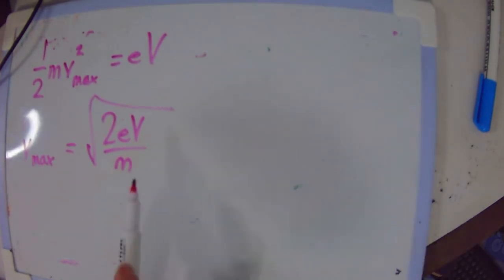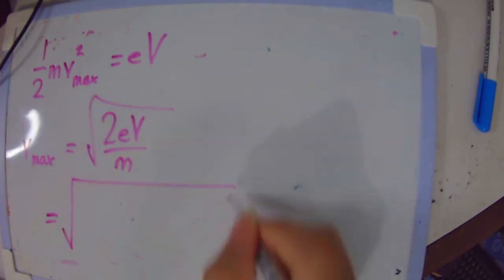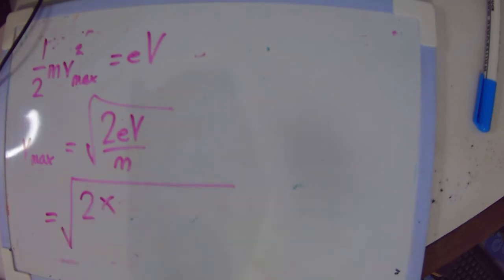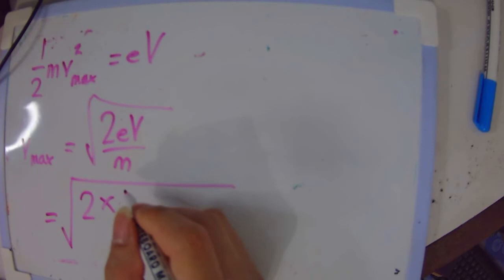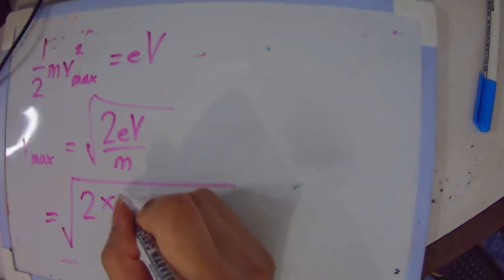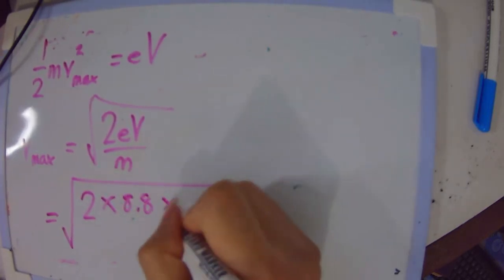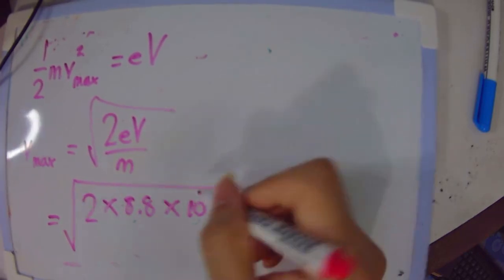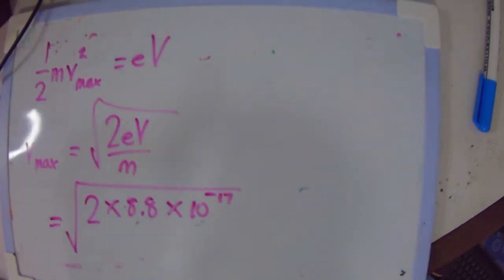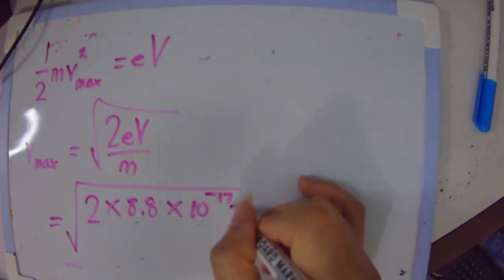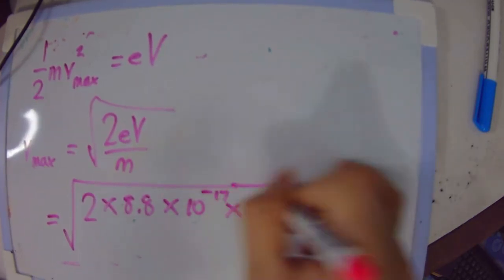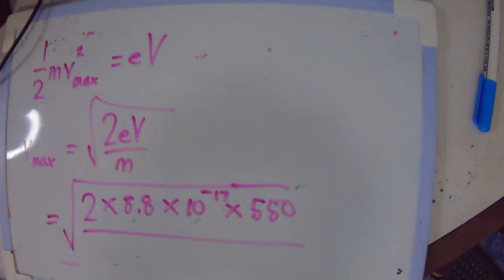Alright, so just use all the values that we have learned already. 2 times e, which equals 8.8 times 10 to the power of negative 17, times the voltage, so times 550, divided by m, which is again the mass of an electron.